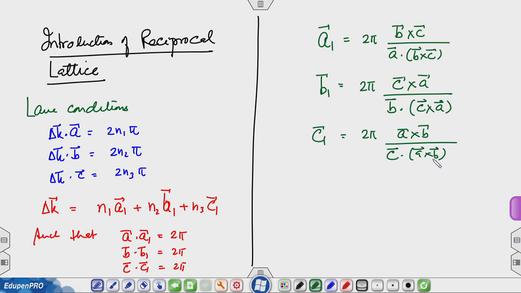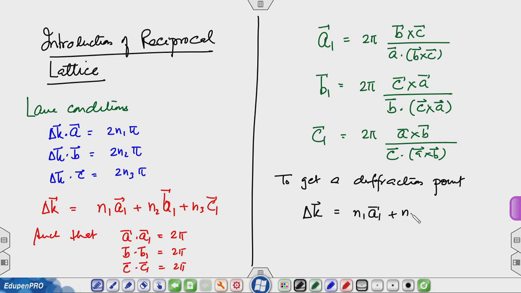So, these are well defined vectors, and to get a diffraction point, I should have delta k equals n 1 a 1 plus n 2 b 1 plus n 3 c 1. They are exactly like unit vectors, but in k space.